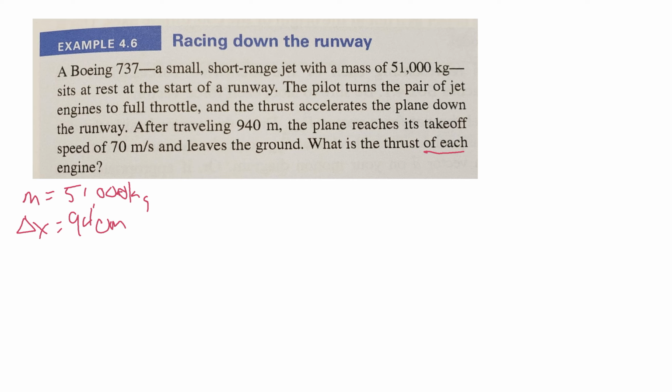Let's write that one not as delta V. V sub I is what? 0 meters per second. And V sub F? 70 meters per second. Okay, I just want to write that one out because I want you guys to always understand that we're at rest, which means 0 meters per second.